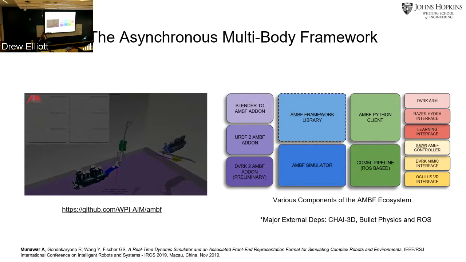The tiles that you see on the right are just some of the components. The ones in purple are components that allow external robots to be simulated in AMBF, whereas the tiles on the right, the green and all the other colors, are mechanisms for getting data out of AMBF for ROS-based nodes or for haptic device drivers.